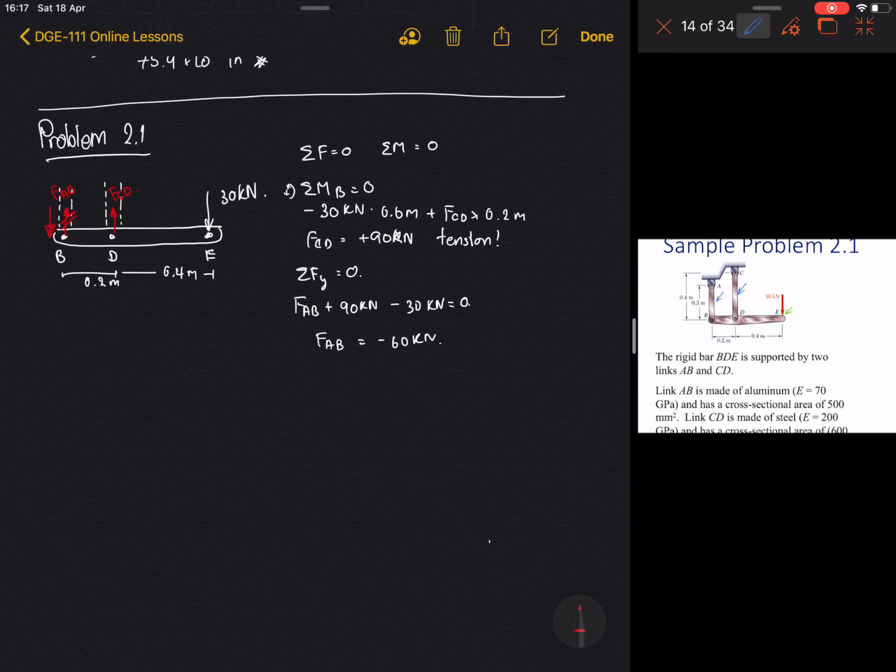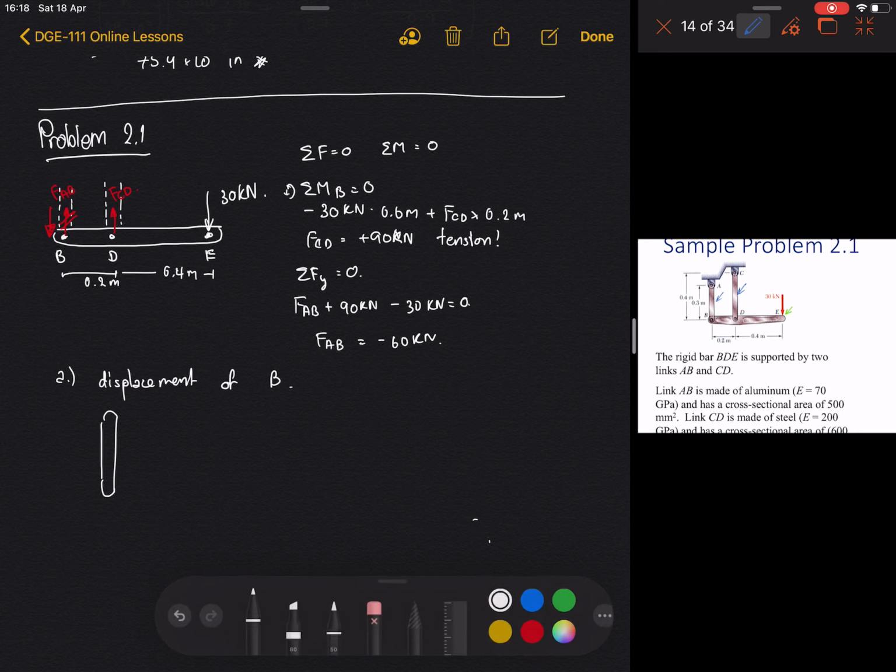All right, so then we would like to first find the displacement of B. You know, action equals reaction, so our force will be of the opposite sign, because this is a reaction from the bar. So F_AB is equal to 60 kilonewtons.